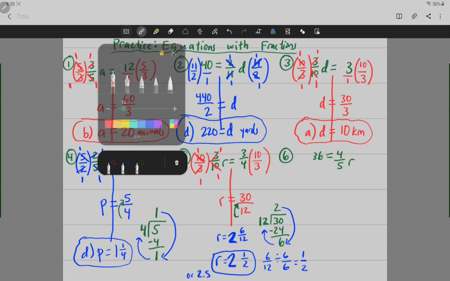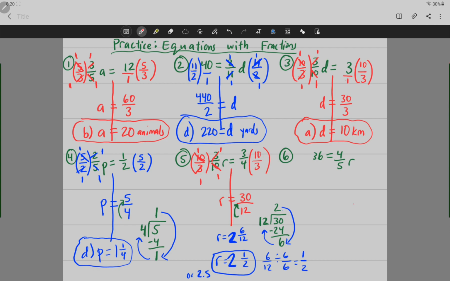All right, so number 6 says Gary drove 36 miles in 4/5 hours. So it gave us this equation to solve to figure out his average rate of speed in miles per hour. So again, first, equal sign, draw the line. Next, what do we see? We see division.